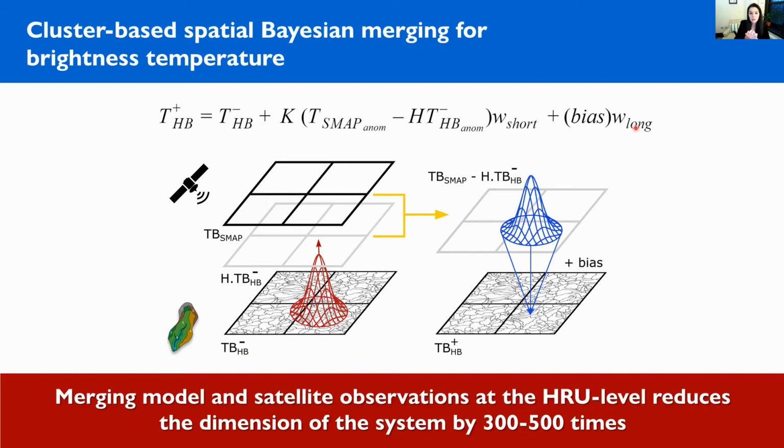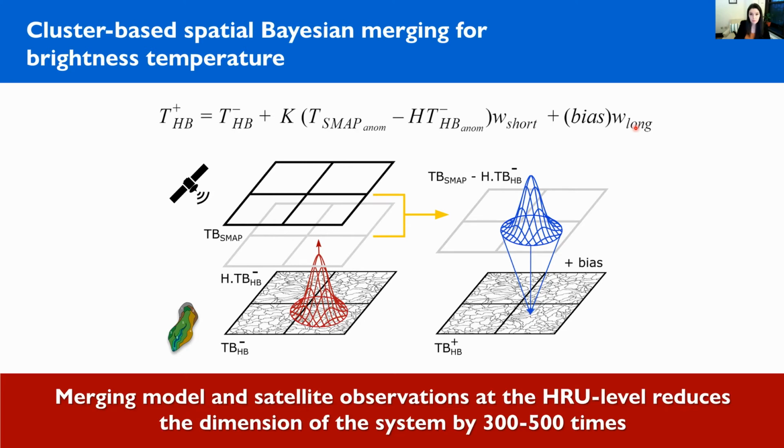Also, by using this merging scheme, we reduce the dimension of the system, because the merging happens at the HRU level instead of every grid cell, which reduces the dimension of the matrices in those operations by between 300 and 500 times. That's a huge reduction in computation when we're talking about merging observations.